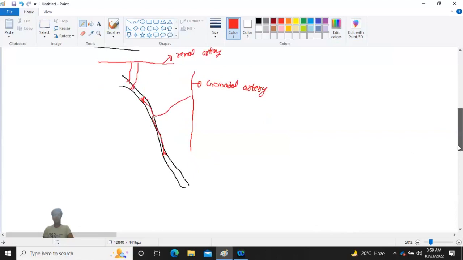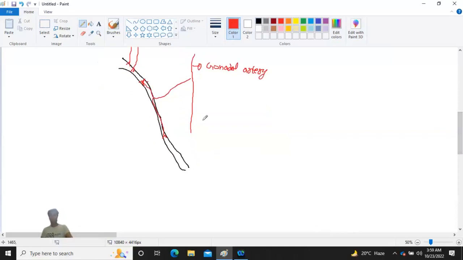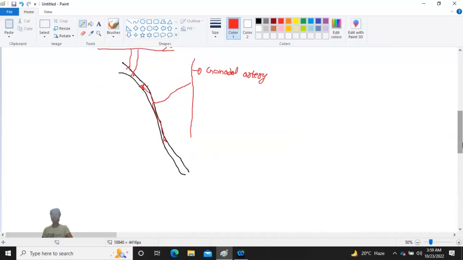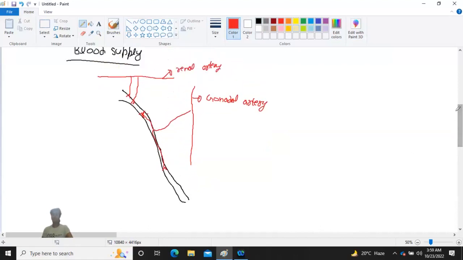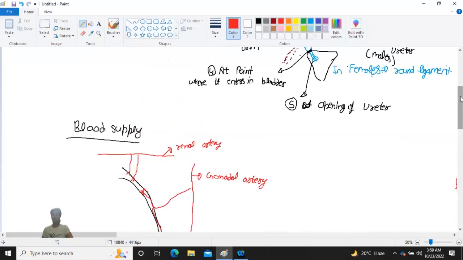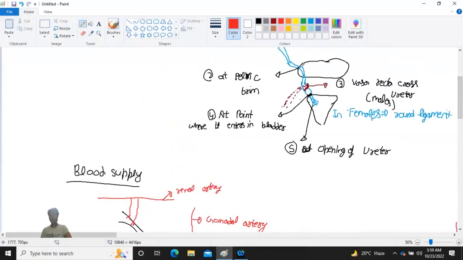Then where it crosses the pelvic brim, there is an important point here. This point at pelvic brim is also the point where the common iliac artery divides into external iliac and internal iliac.